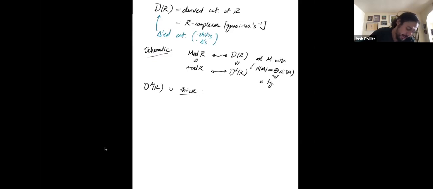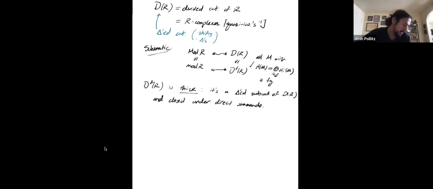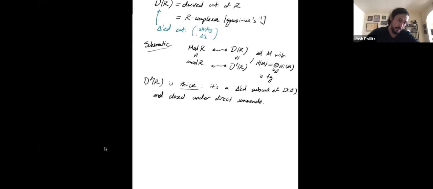One thing I want to comment about this category is that D^f(R) is a thick subcategory. I just mean that it's also a triangulated subcategory of the derived category. So it's closed under shifts and triangles, or forming mapping cones, and it's also closed under taking direct summands.